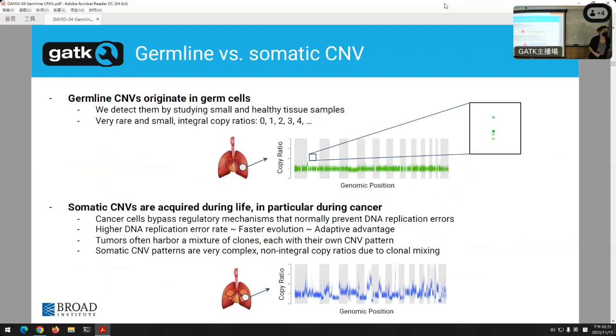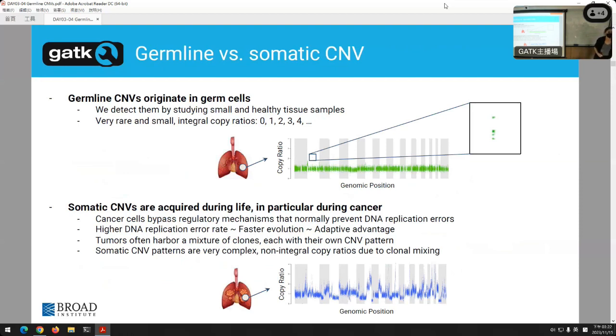And in a tumor, there can be multiple different lineages of tumor cells that all have their own mutations. So you get this whole mixture of genetic mutations. In contrast, germline CNVs originate in germ cells. So either you inherited those copy number variants from your parents, or it occurred de novo in a germ cell.